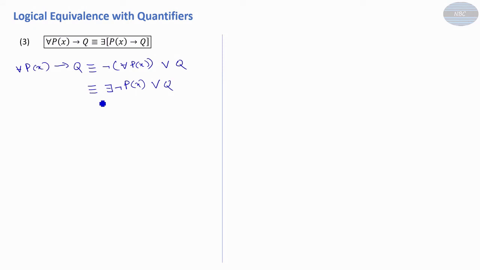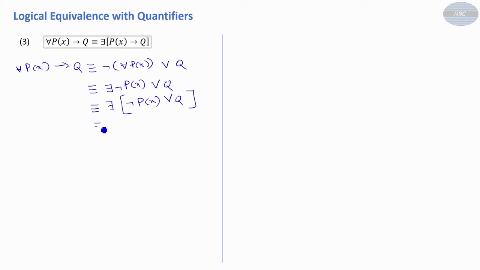I can write the whole thing in a bracket here. Why? Because in this Q there is no bound variable, or you may say Q is a proposition, there is no variable, so I can write the not P(x), or negation of P(x), as well as this Q, in a square bracket here.